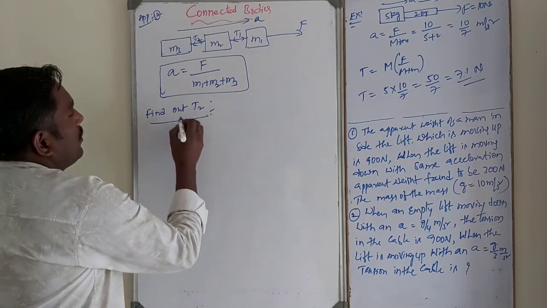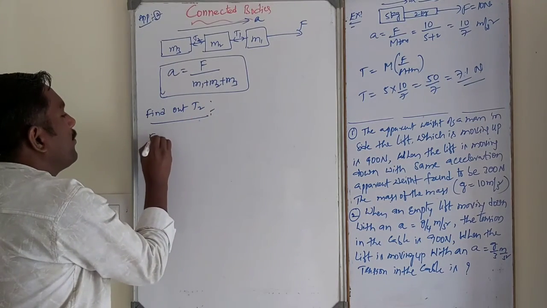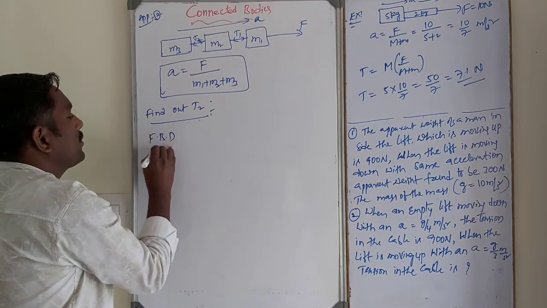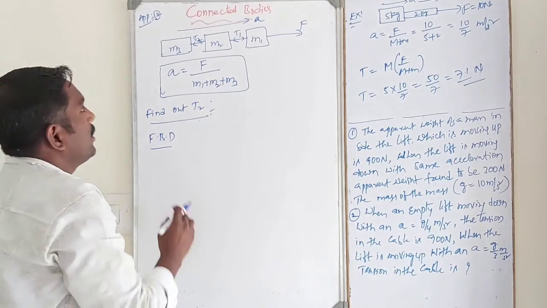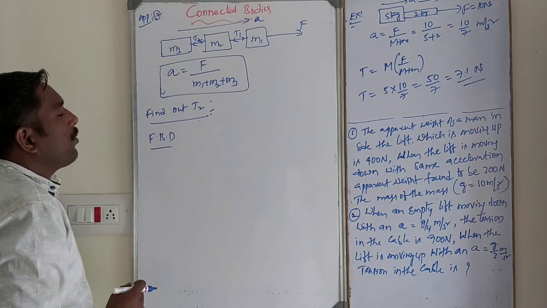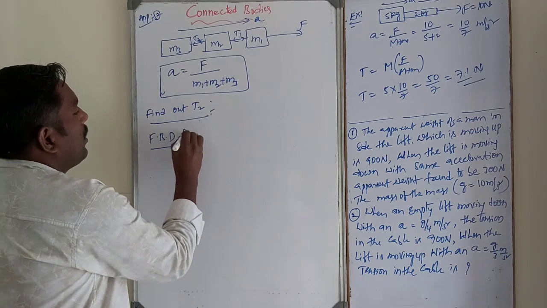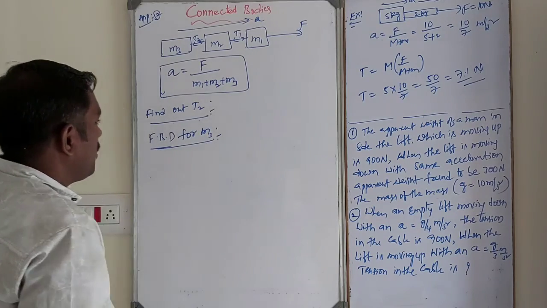So I will go for the free body diagram for M3. Dear students, the free body diagram is very important. So before finding the T2 value, just draw the free body diagram for M3.